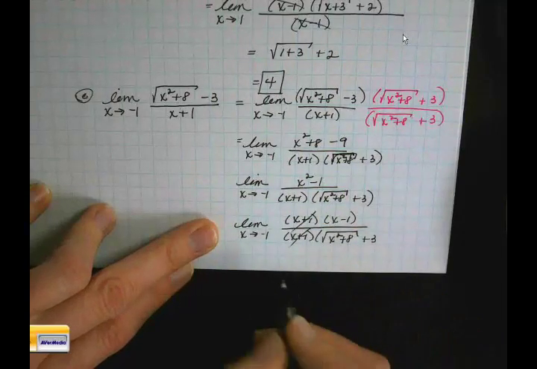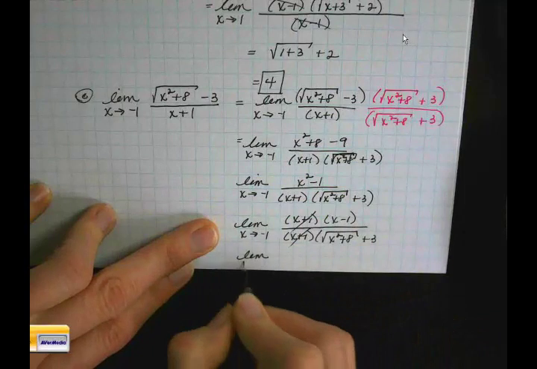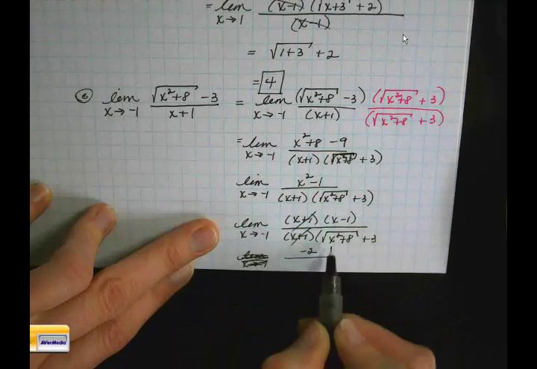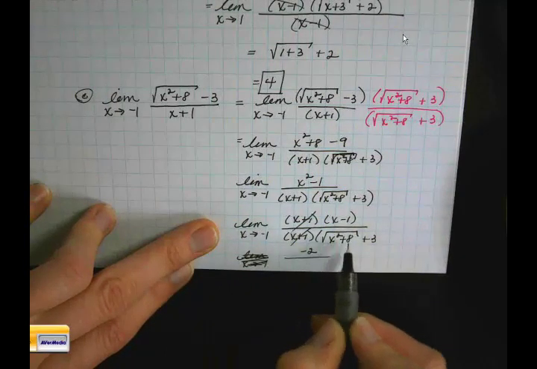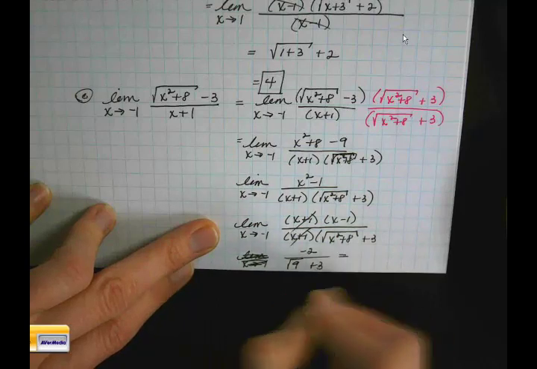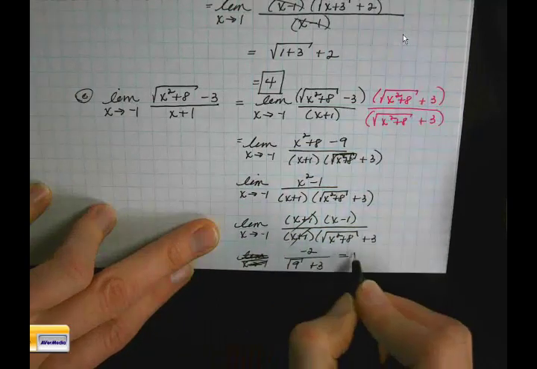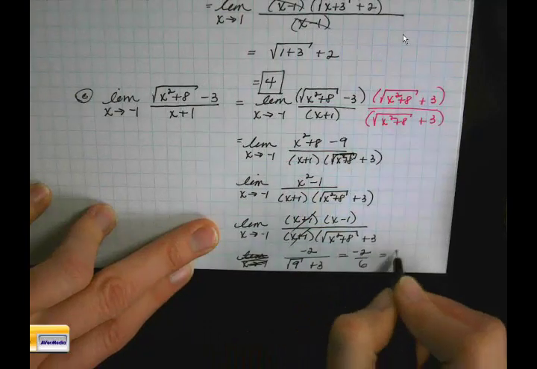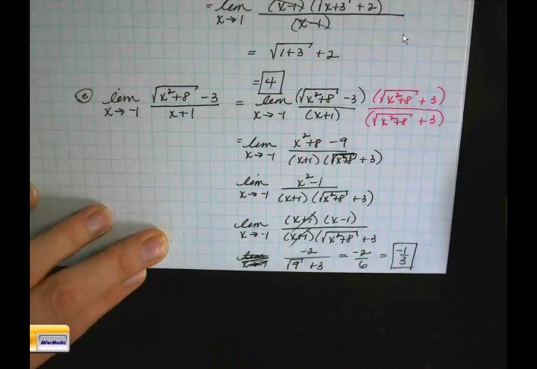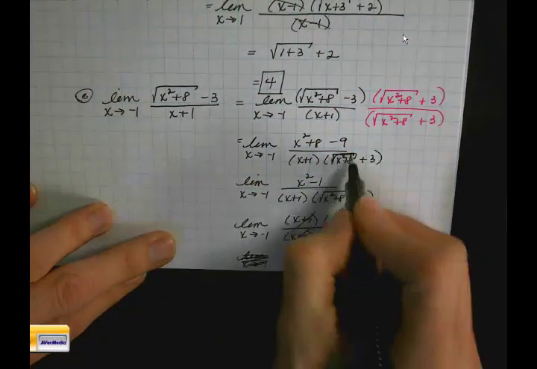If I put a negative 1 in the numerator, the numerator is negative 1 minus 1, which is a negative 2, and in the denominator, negative 1 squared is 1, and 1 plus 8 is 9, so it's the square root of 9 plus 3. Did y'all get this right? So this is negative 2 over 6, which, yes, is negative 1/3. Very, very good. So let's pause it and let y'all take a break.